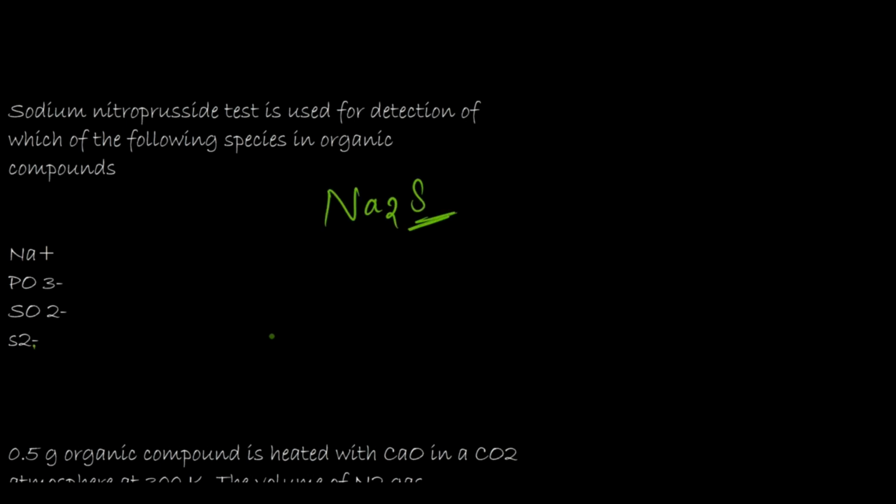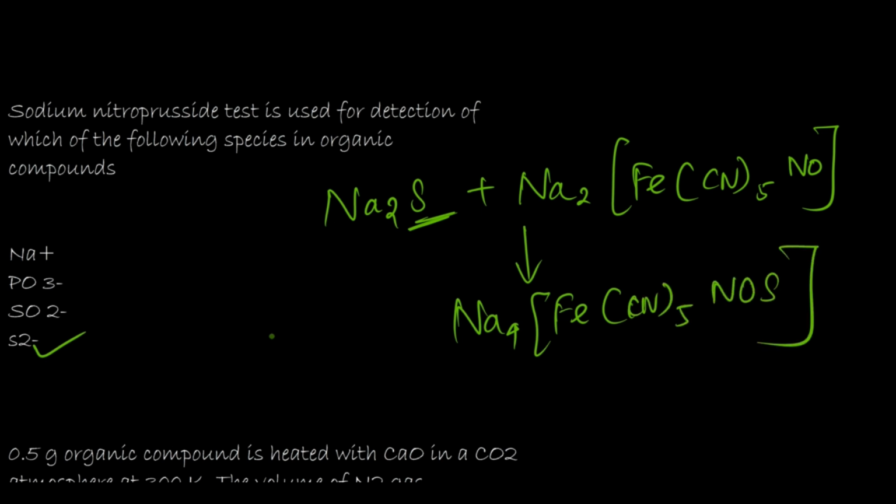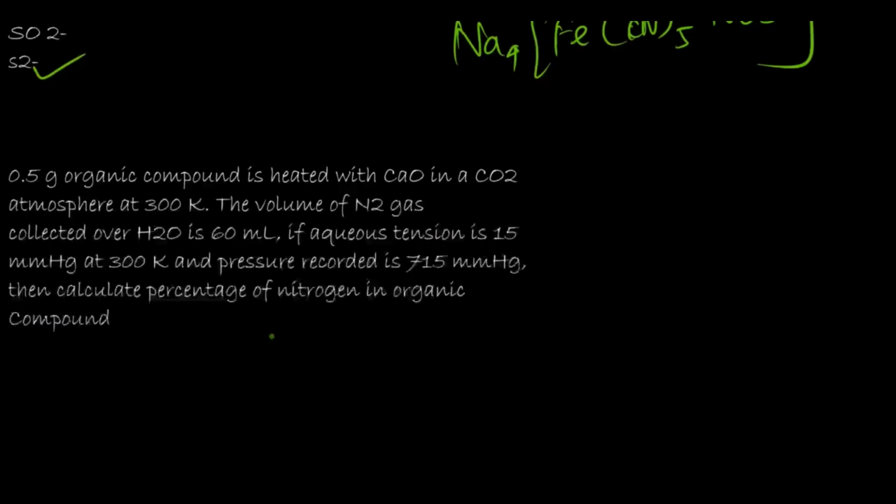It is the test for sulfides, guys. Na2S is treated with this big complex, I have told you about this already, to form Na4[Fe(CN)5NOS]. This is forming a very big and complex compound. So this test is for sulfides.